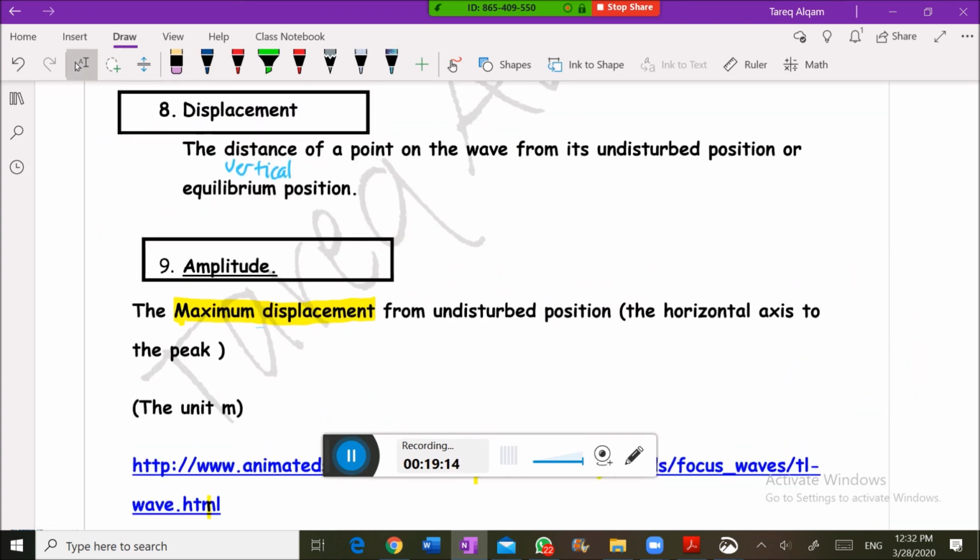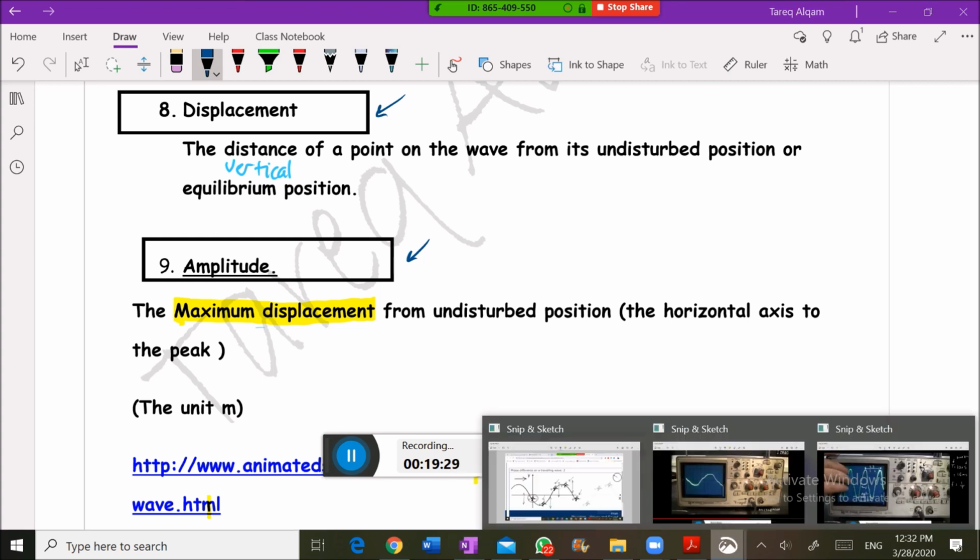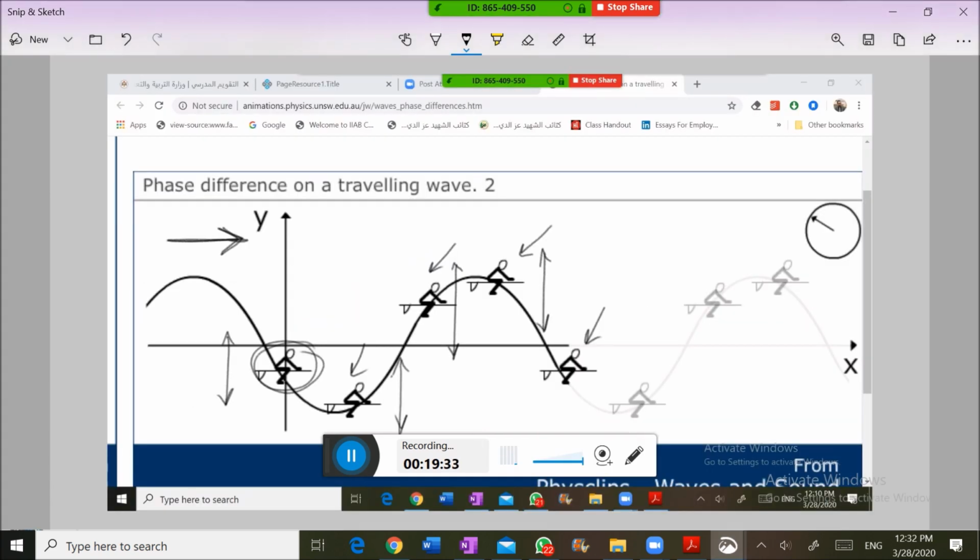Here, guys, we have two different definitions. We have to distinguish between them: displacement and amplitude. Let me go back to the snap tool that I used here. Okay, guys.